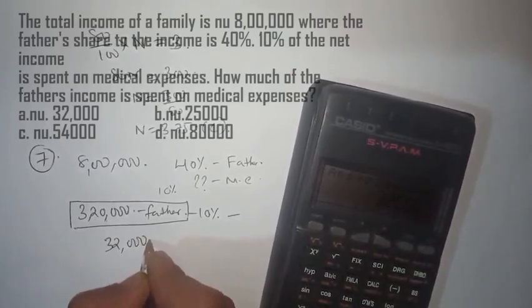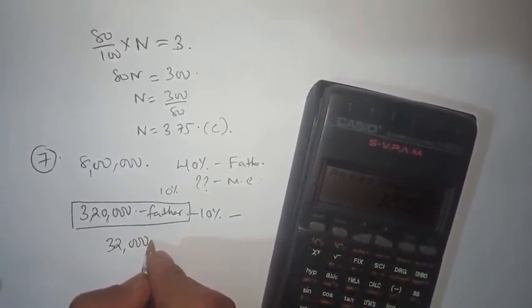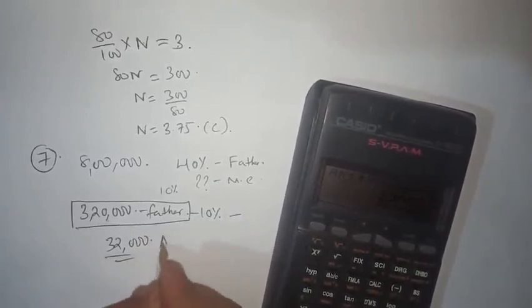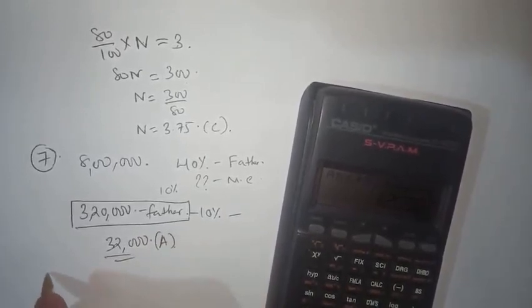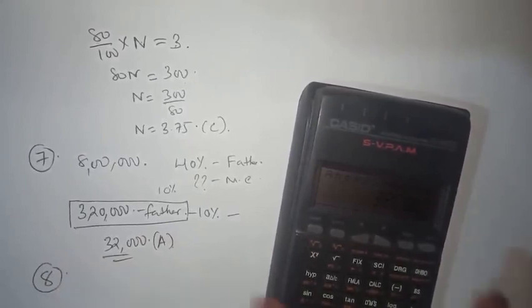So 32,000 is the correct option, that is A.